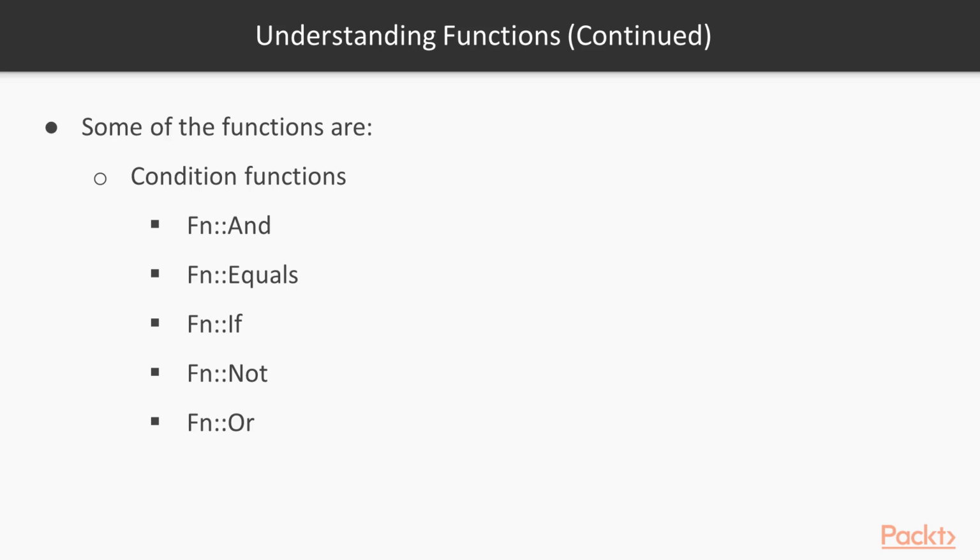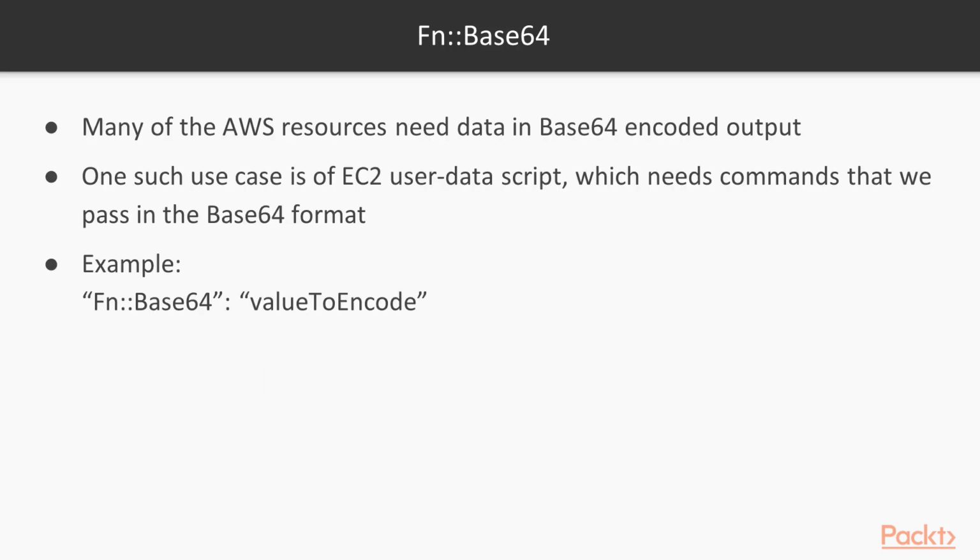So let's get started. The function base 64, as the name suggests, encodes the data into the base 64 format. A lot of AWS resources, for example EC2 user data, require that whatever commands you type have to be in base 64 format.